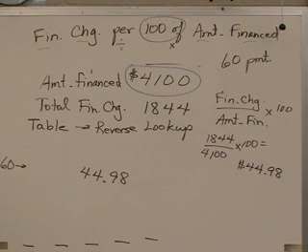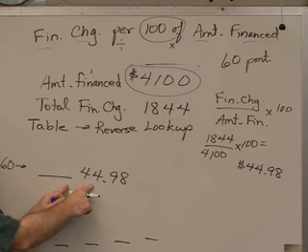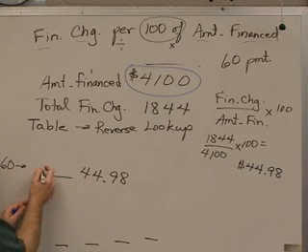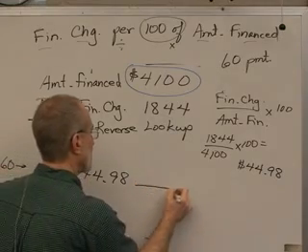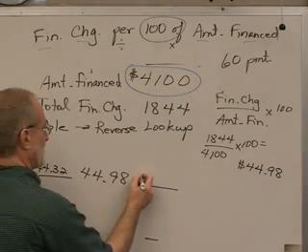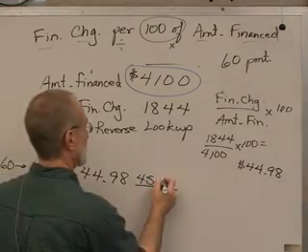We're trying to find $44.98. Notice the table continues on to the next page. We're not going to find $44.98, but we're going to find the two numbers that it would lie between. What number actually in the table is just less than this? $44.32. And what number is just bigger than this? 45.11. Thank you. Okay.